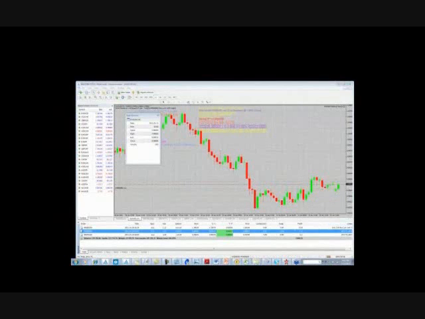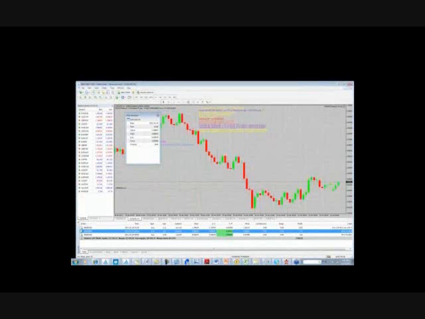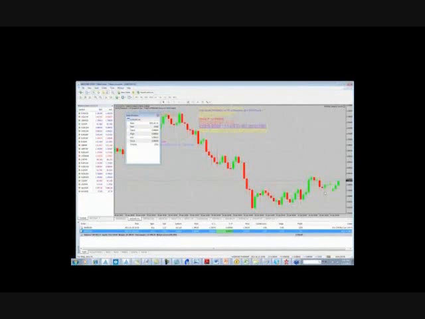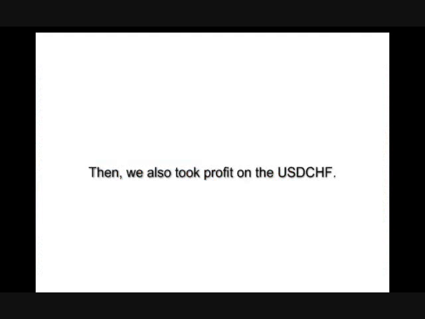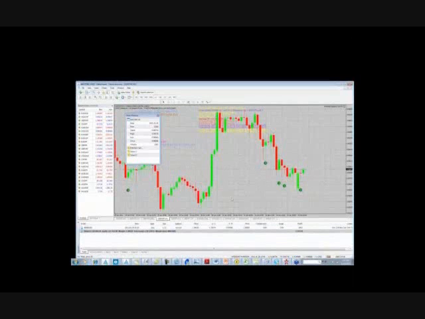There, that's good. Safe position. I like that. Now we're safe. Dollar Swiss is not doing what I want. Just took profit. Oh, this is great. Aussie dollar second position just took profit. Hey, see, the dollar Swiss is out. Everyone just made money all across the board. I think everyone's happy.